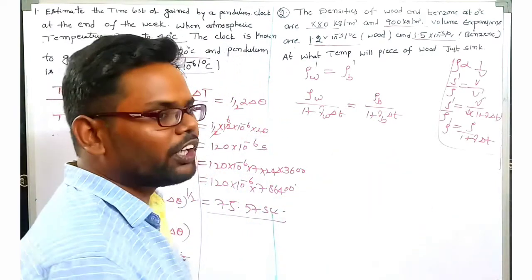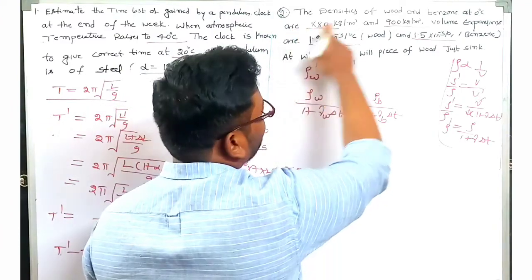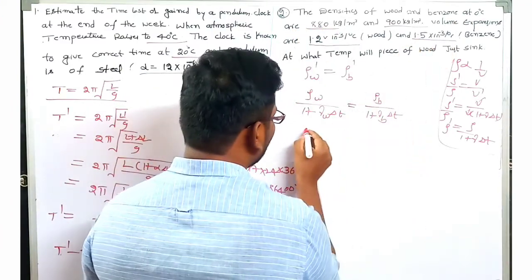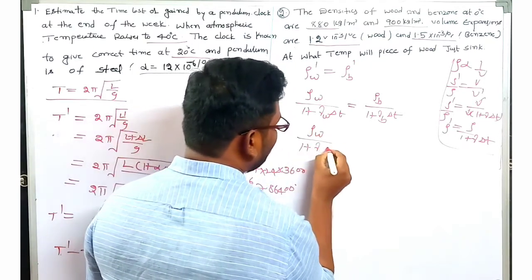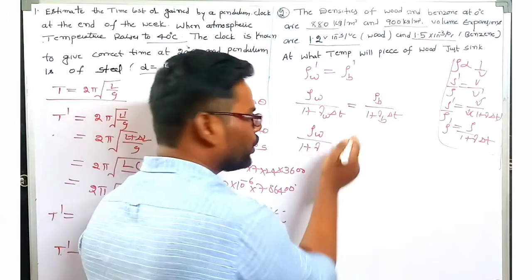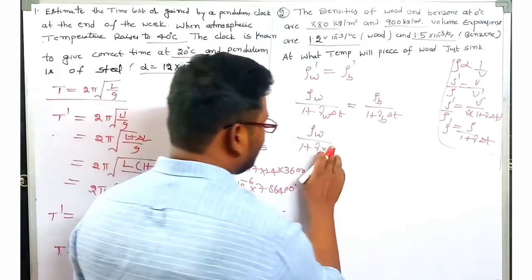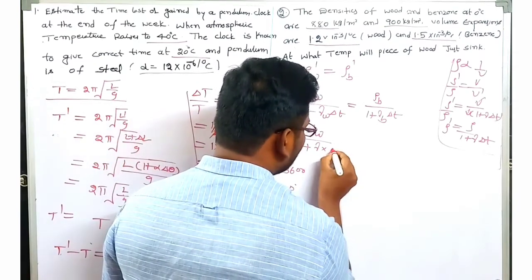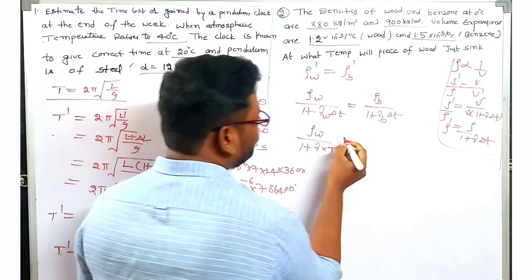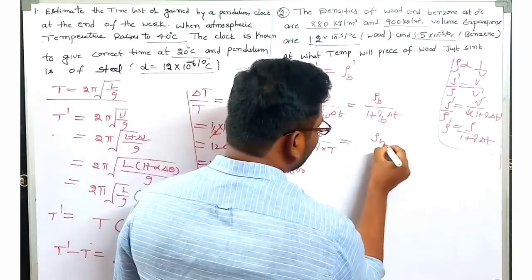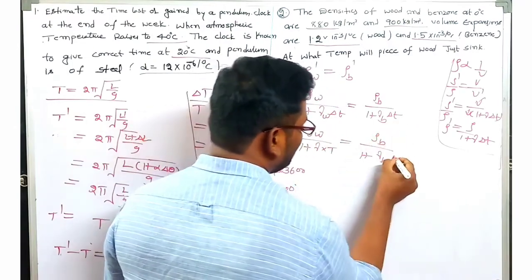The initial temperature is 0 degrees Celsius, so delta T means T minus 0. Simply I am writing T. So rho W by (1 plus gamma W T) is equal to rho B by (1 plus gamma B delta T), and here also that is T.